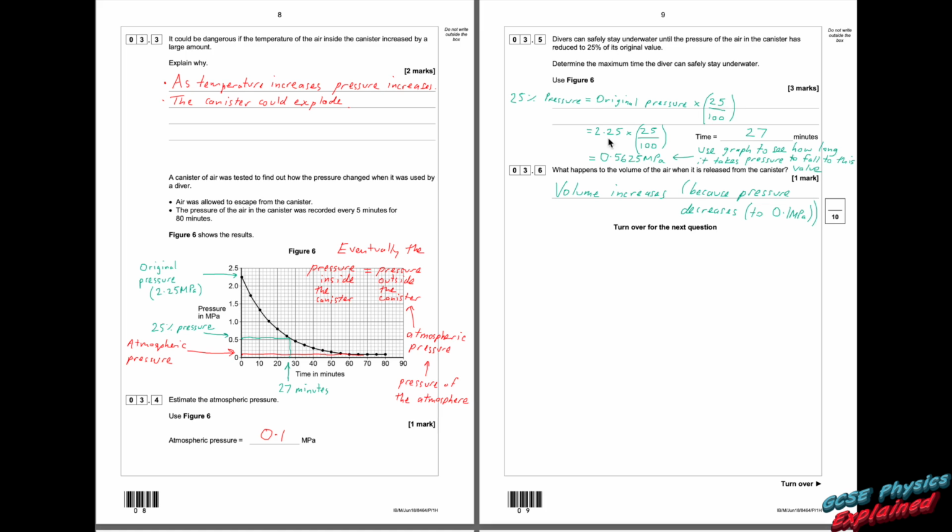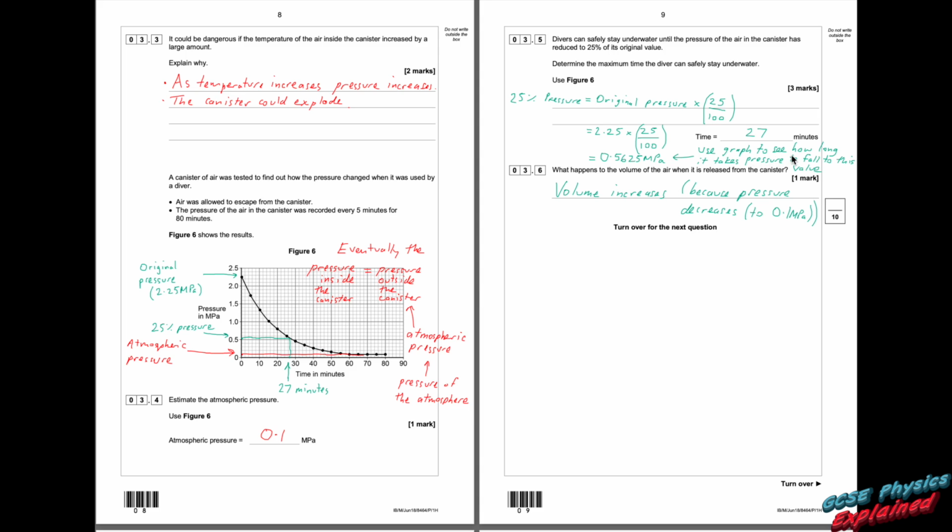The original pressure, we can get that from the graph. So that's 2.25 megapascals. And then multiply that by 25 over 100. So 25% pressure is 0.5625 megapascals.